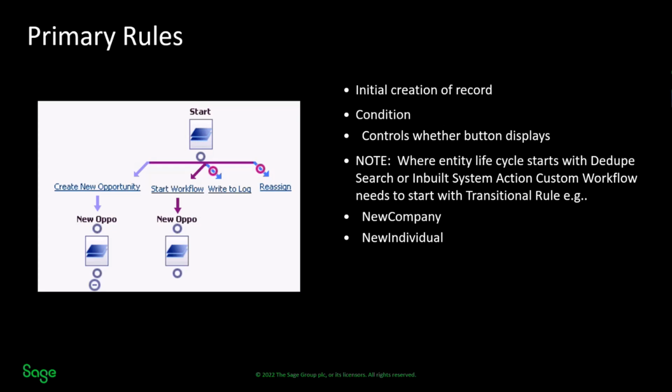We use the company as an example of a complex entity, because if we think about a company inside Sage CRM, we're not just thinking about the company details.